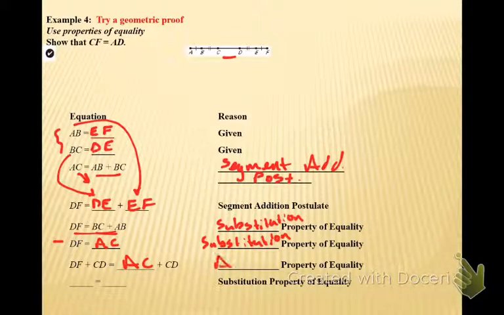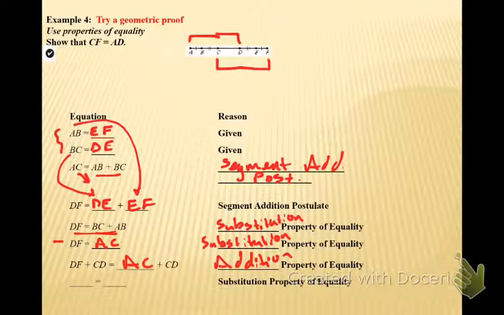And the addition property says that's okay. Okay, as long as we're adding the same thing to both sides of an equation, then it doesn't change the equation. So now what I'm looking at is AC plus CD, which gives me AD. And then I get DF plus CD, which gives me CF.